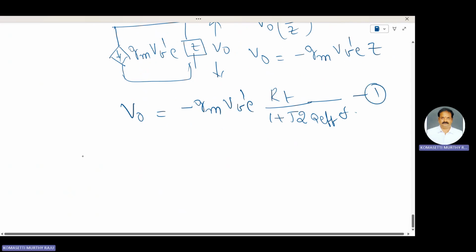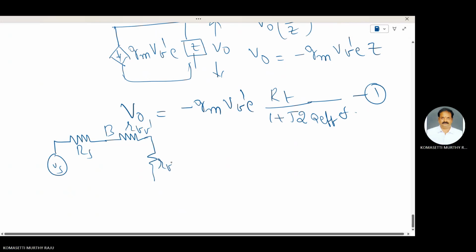Consider the input side circuit here. Vs, Rs. This one is B. Base spreading resistance rbb', rb'e, Vb'e. Ca is neglected compared to this one.